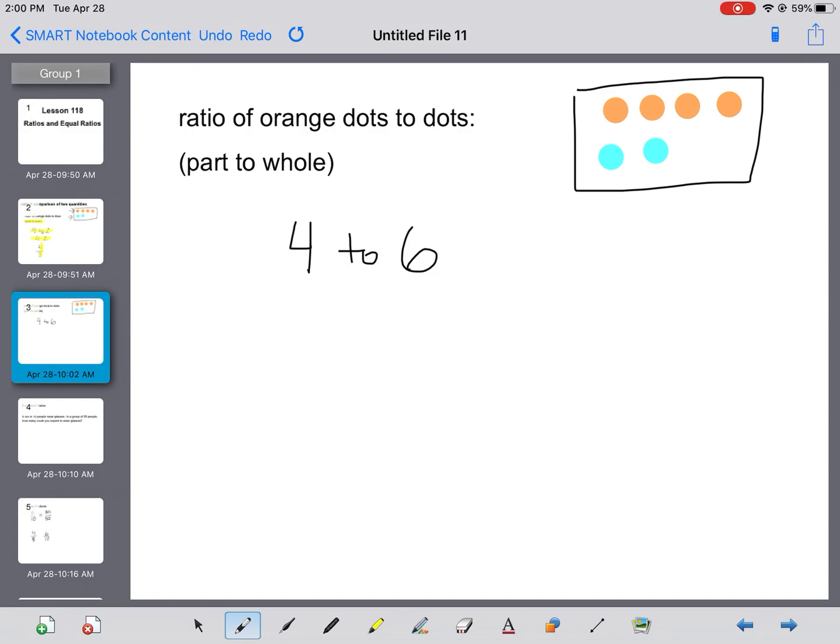Okay, so now instead of comparing my 2 colors, I'm comparing one part to the whole amount. And just like with the other one, you can show that in your 3 ways. And for this one, the fraction probably makes even more sense, right? You could think I have 4 out of 6. 4 of the dots are orange out of 6 total. But it works the exact same way. You're just comparing something slightly different.